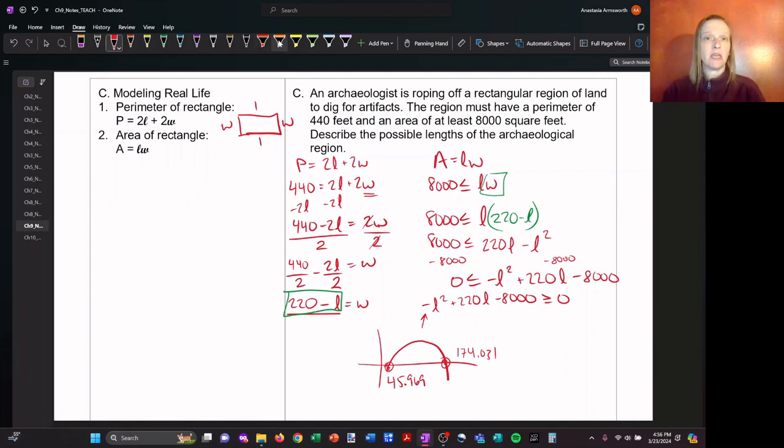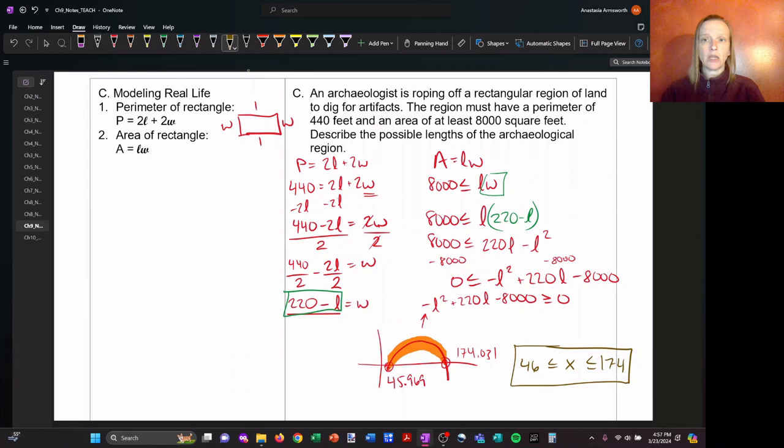I want the parabola to be positive. I want it to be above the x-axis. So I want values of x between those two intercepts, the 45.97 and the 174.03. So if I round this off to the nearest foot, which seems reasonable for this problem, I want values of x that sit between 46 and 174 feet.